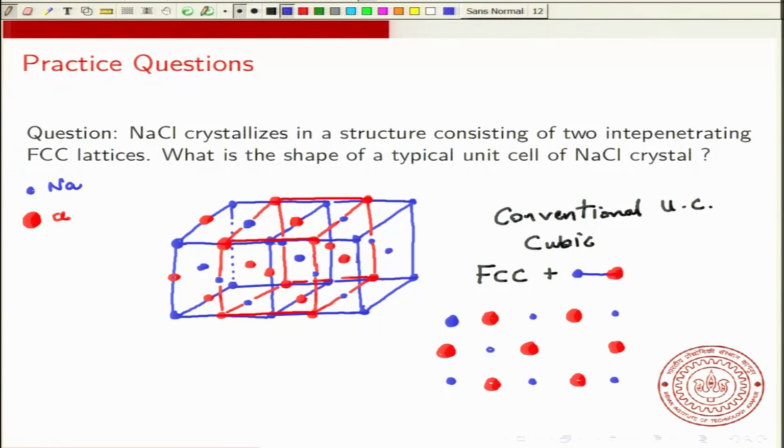If you look at one face of this crystal, then you will see something like this. What this tells you is that you can find other unit cells. For example, this immediately indicates that you could take a unit cell like this, such a cell.